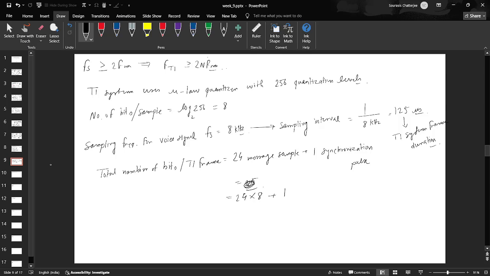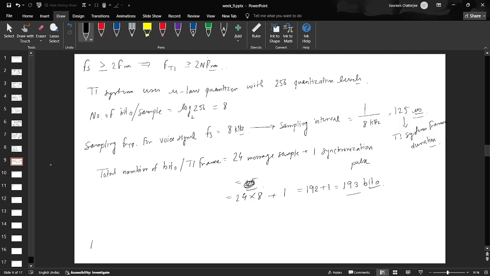It is just a binary decision, 0 or 1. So in total you need 24 times 8, which is 192, plus 1, so 193 bits. So in one frame of T1 there are 193 bits and one frame duration is 125 microseconds, right?